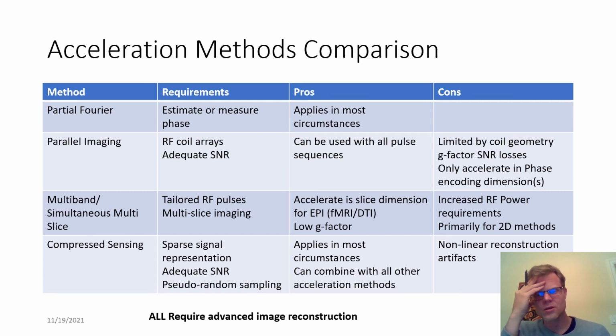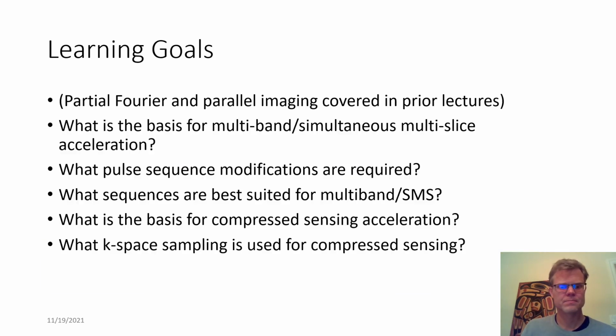The cons are a little bit subtle, at least in my opinion: these nonlinear reconstruction artifacts, which don't necessarily appear as strong aliasing edges. They're a little bit harder to pick out visually, maybe a more subtle smoothing of the signal. So there's that potential for a failure mode of the compressed sensing reconstructions.